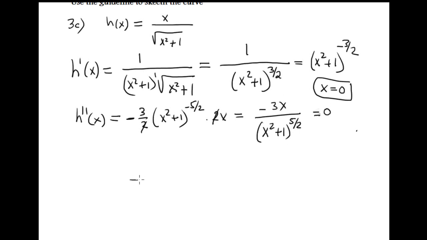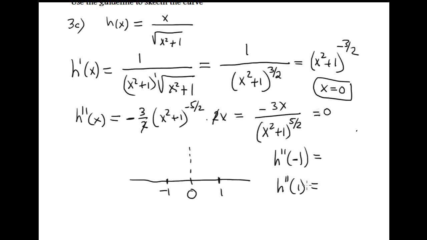I need to test it using the second derivative test. I select 1 and negative 1. You evaluate 1 and negative 1 in the second derivative expression. I put it in a calculator in order to save time.